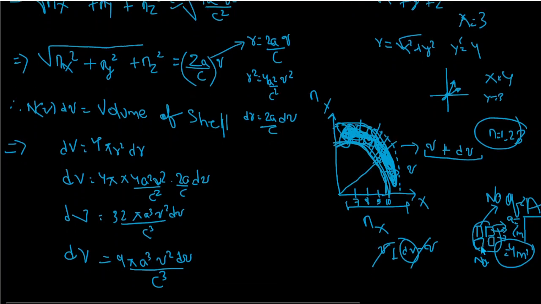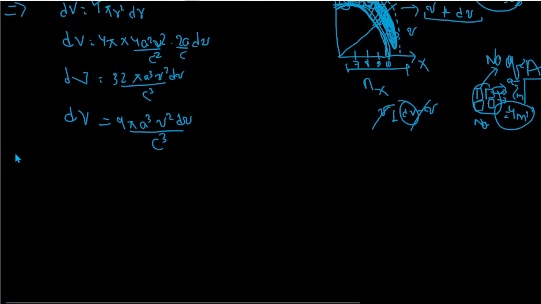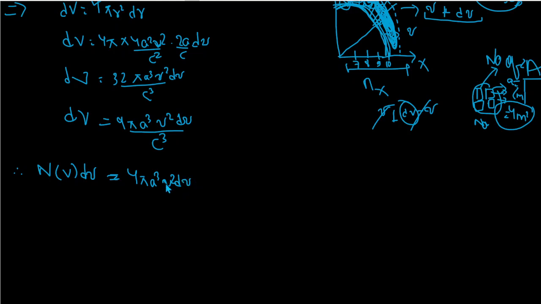Now, if I write it in a better way, N mu d mu is equal to 4 pi a cube mu square d mu divided by c cube, but multiplied by 2.